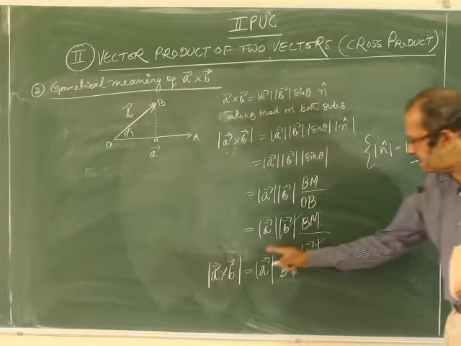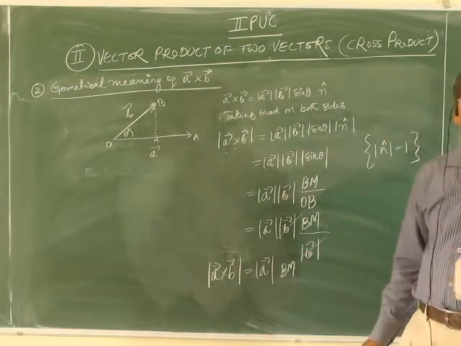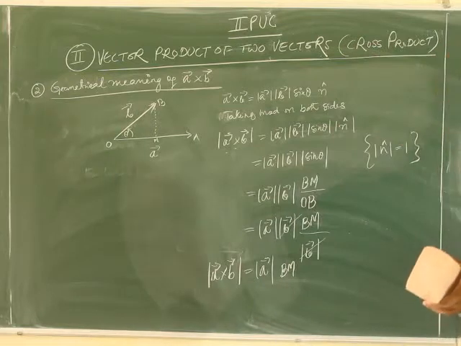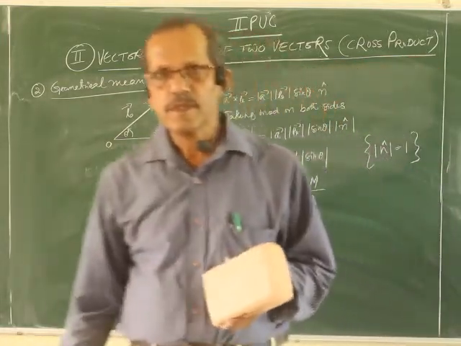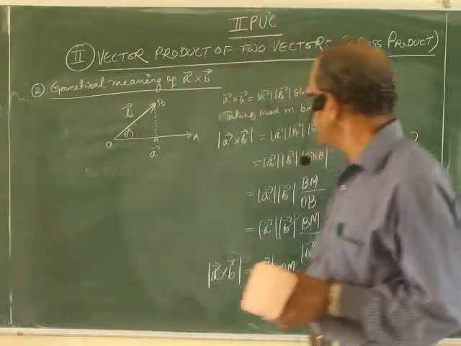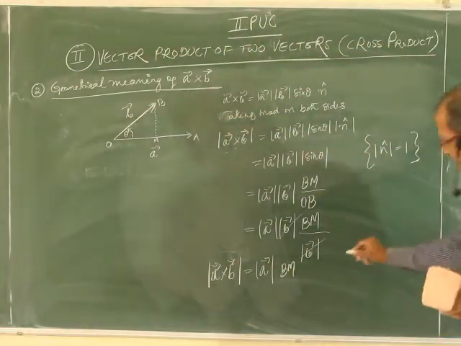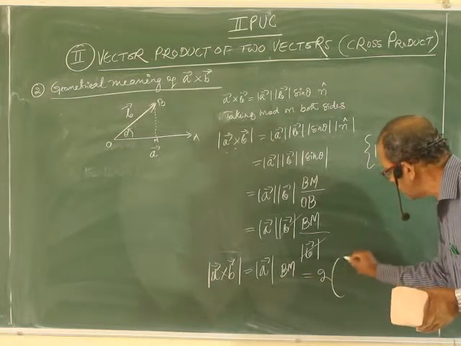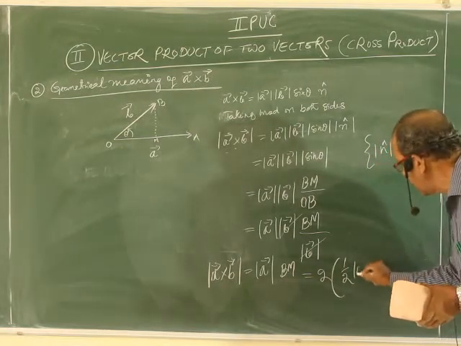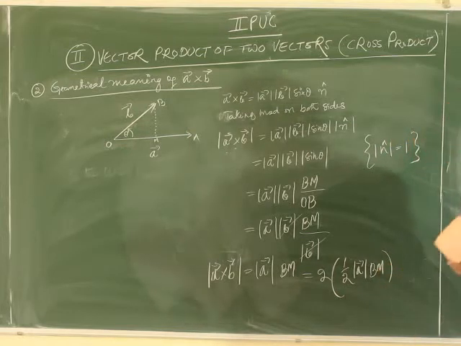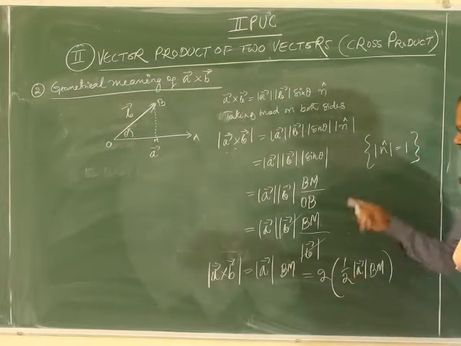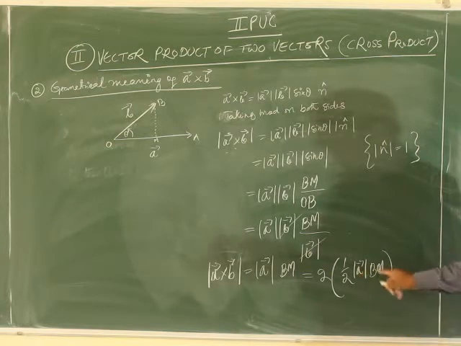But what is this? Tell me. What is mod A into BM? If it is not possible to think about that, let me continue. 2 into half into mod A into BM. Why have I written like this? 2 into half means it is cancelled, so it is only mod A into BM.